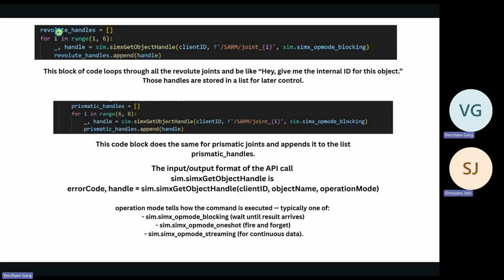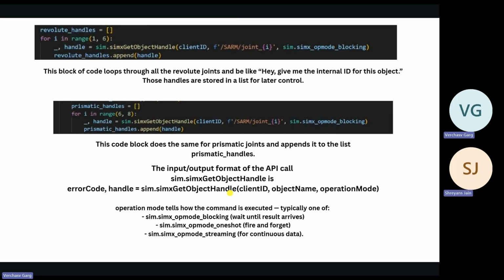So moving on, we have created a Revolut handle list, and we are going to put all the connection object IDs in this list. This is done by the API call simxGetObjectHandle. Every object, like joint 1, joint 2, joint 3, joint 4, has a unique ID in our simulation.